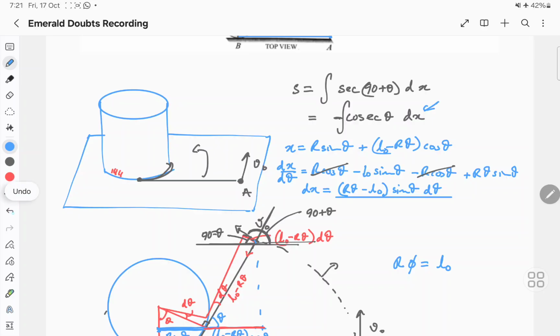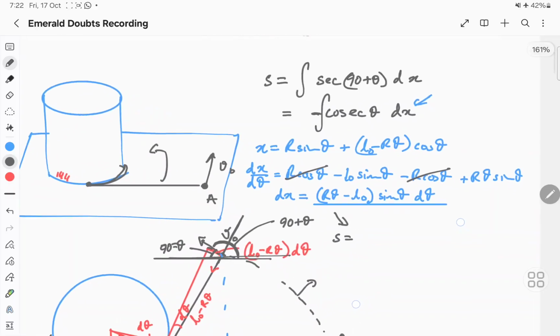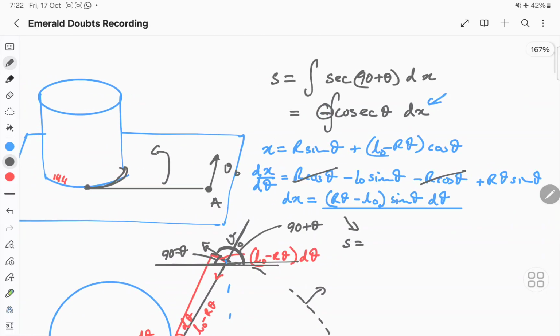So when we do that, my s is equal to, I'll just take care of the minus straight away, and write dx as L naught minus r theta into sine theta, which gets cancelled with cos theta, and only d theta remains.